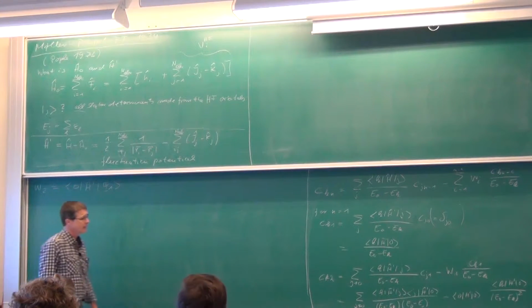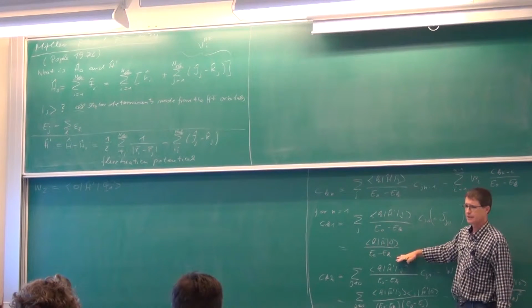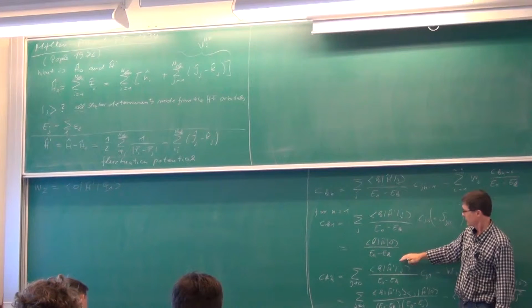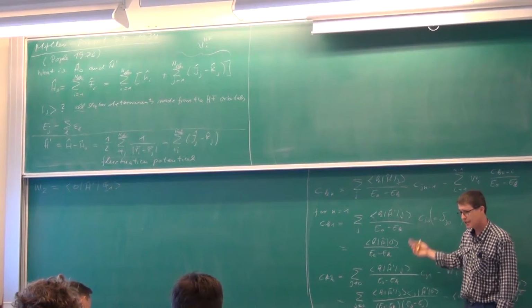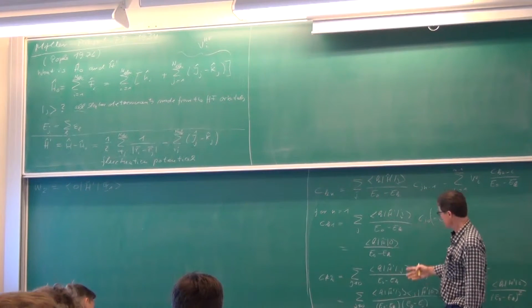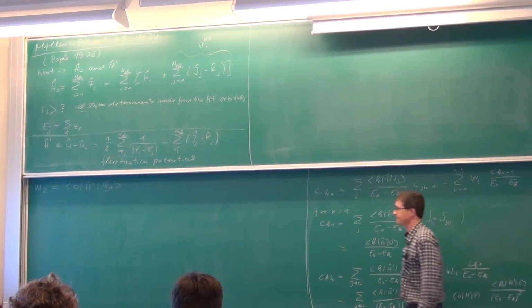So now we need our first order coefficient. We expand in the set of all zeroth order wave functions, which here in Møller-Plesset perturbation theory are all Slater determinants, and we have to multiply them with this coefficient here.